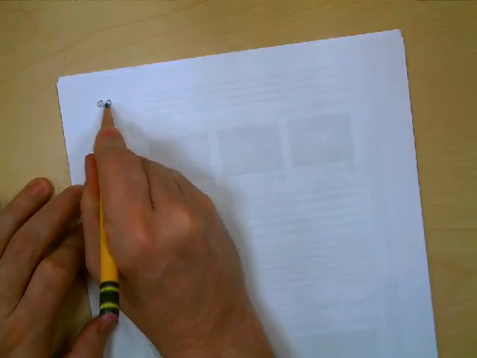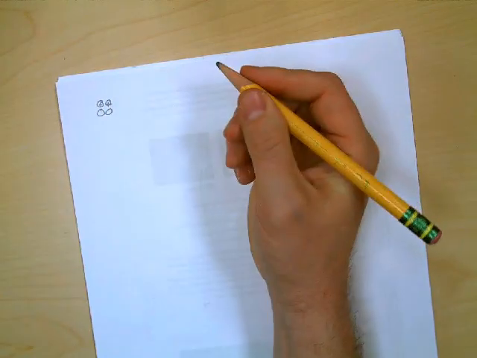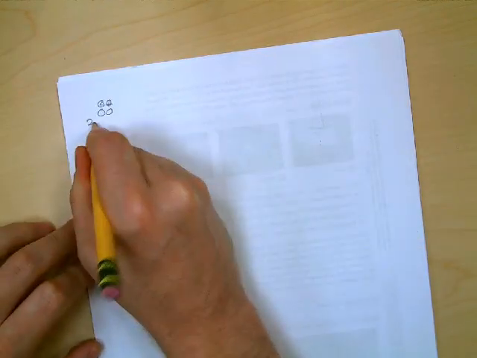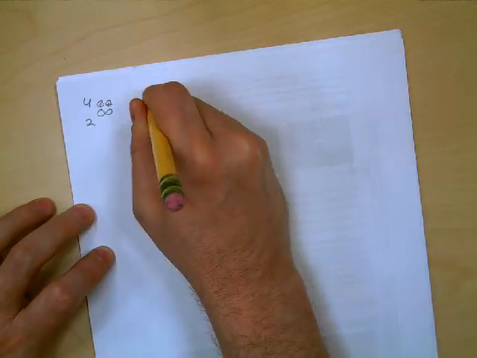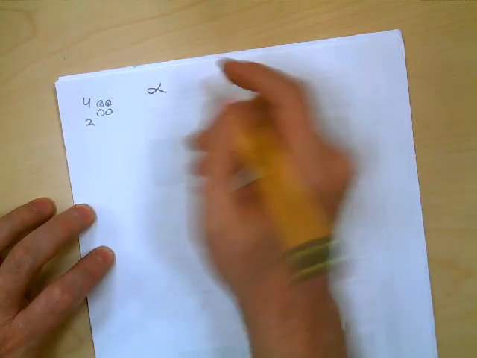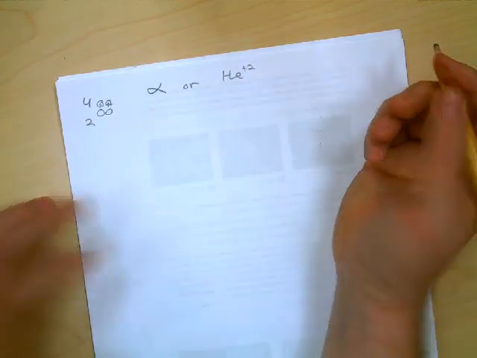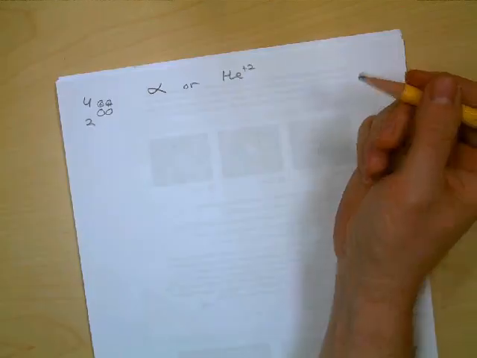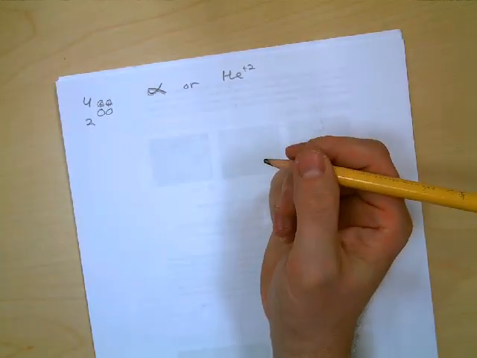An alpha particle, remember, is 2 protons and 2 neutrons. And just like a helium nucleus, it has 2 positive charges and a mass of 4. We will often call it an alpha particle or a helium plus 2 particle, because it's identical to a helium plus 2 particle. Alpha, by the way, is how the Greeks wrote their A's, so that's a Greek A right there, if you want to use that letter for it.